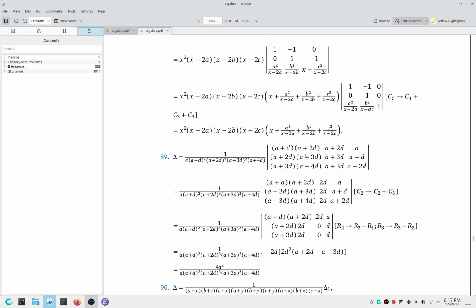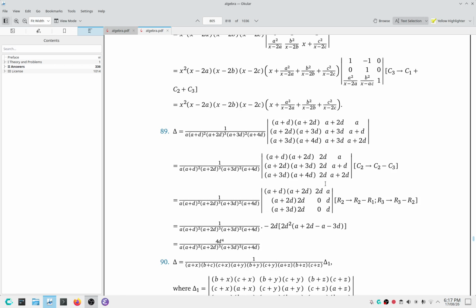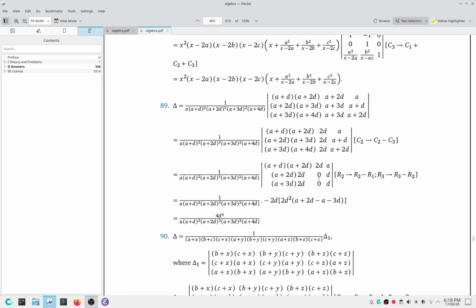Okay. Once we have this, we do column 2 is equal to column 2 minus column 3. So once we do that, it becomes 2d. Once this becomes 2d, we perform our typical R2 is equal to R2 minus R1 and R3 is equal to R3 minus R2. So we get 2 zeros. Once we have 2 zeros, we expand along the middle column.